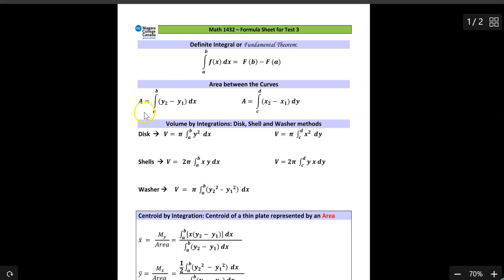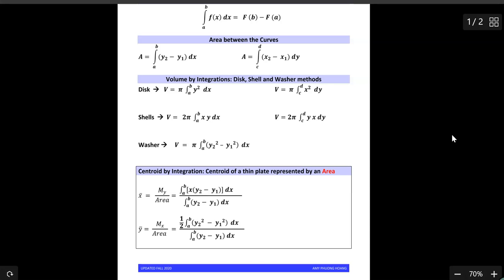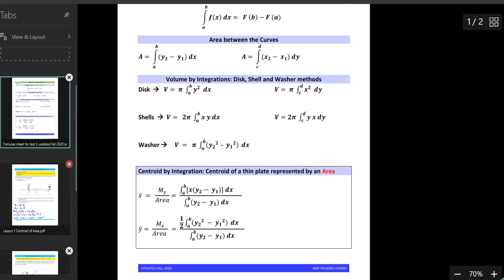Don't forget what element you are going to use, the dx or the dy. Either you use the horizontal element or the vertical element. I also summarized the centroid by integration, the centroid of a thin plate represented by an area with various shapes. So the formula is also right here for everyone to use as a reference to work with any practical problems that I'm going to assign for you later.